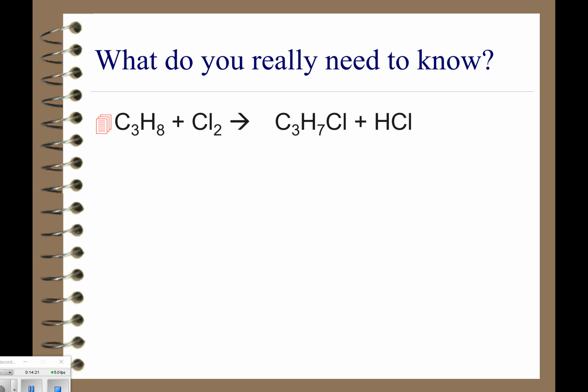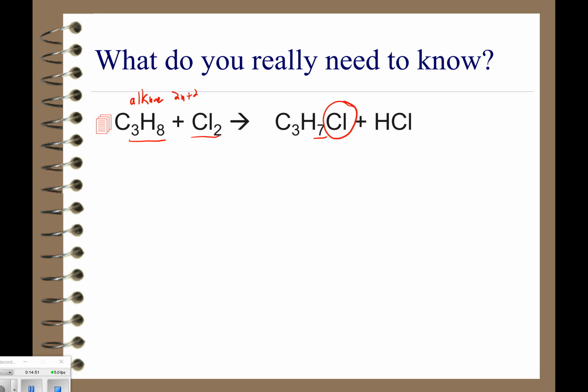With this one, we have a hydrocarbon reacting with a halogen, and we see that our number of hydrogens is going to decrease, and now we have a chlorine added on here. And since we have a decrease in the number of hydrogens, in this case this is an alkane, another indicator, CnH2n+2.